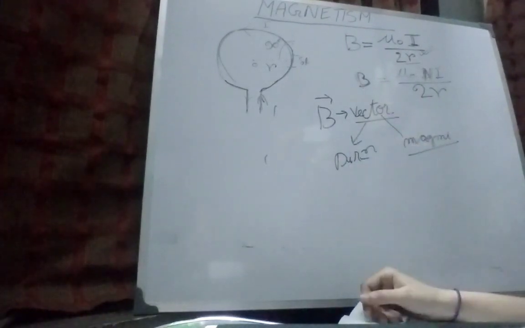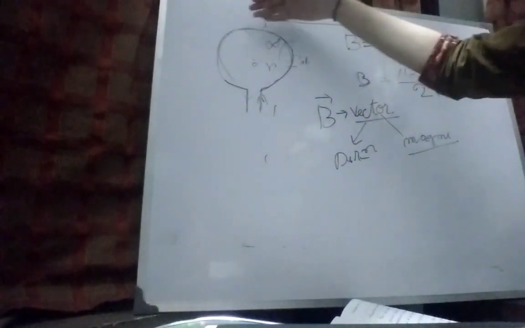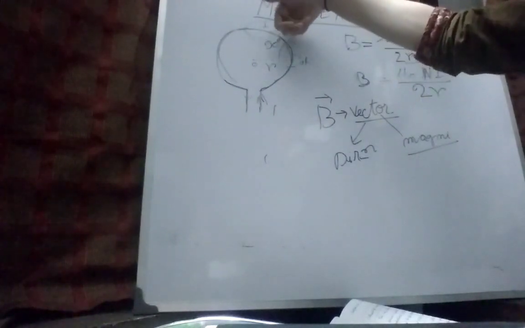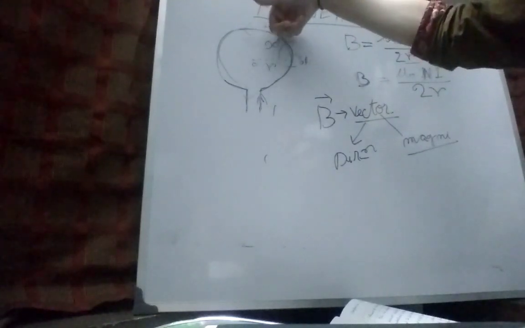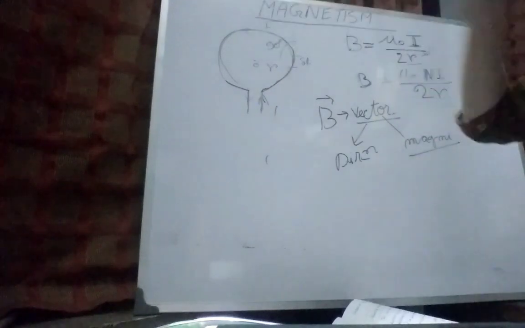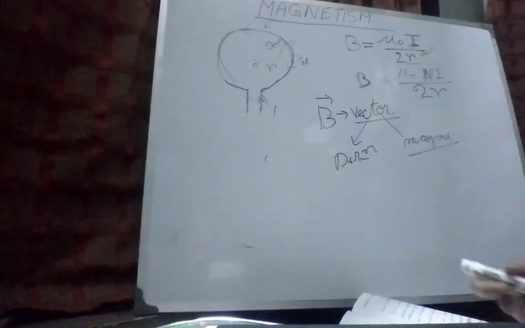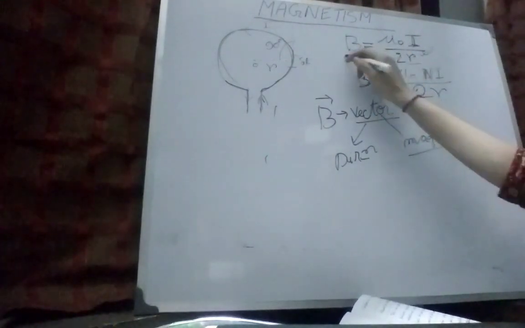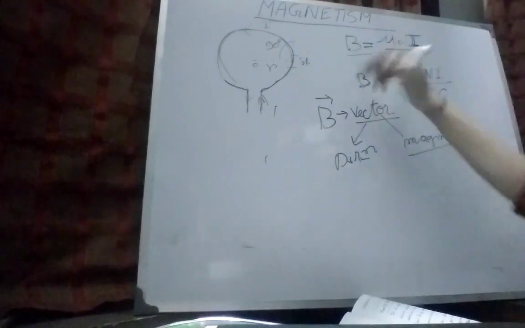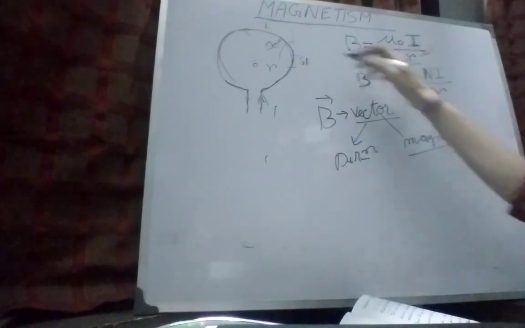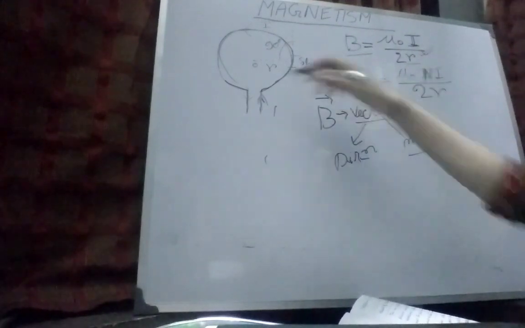We get the direction with the help of Maxwell's corkscrew rule, which says that if this is the direction of the flow of the current, and we place the thumb of our right hand along the direction of the flow of the current, then the curl of the fingers will define the direction of the magnetic field. So by this Maxwell corkscrew rule we get the direction of the magnetic field, and we get the magnitude of this field by using Biot-Savart's law, which is mu 0 I by 2 r or mu 0 n I by 2 r for a circular loop.